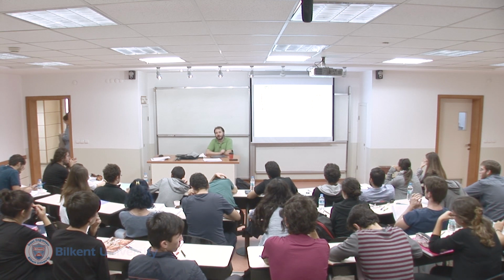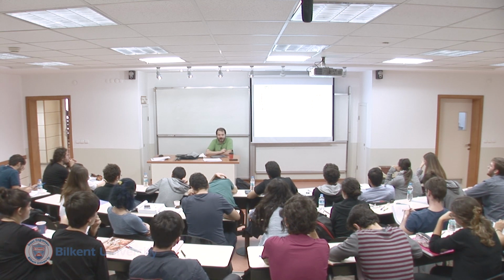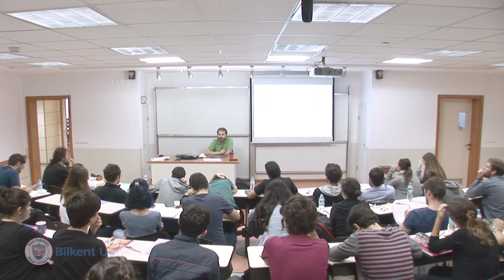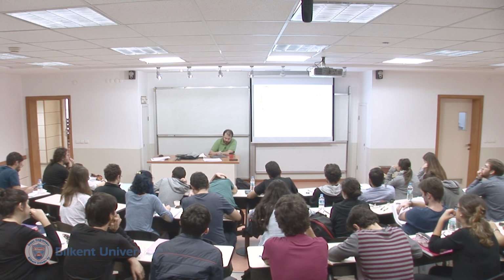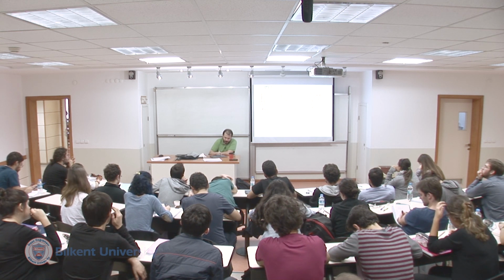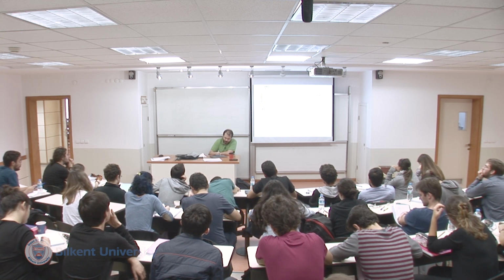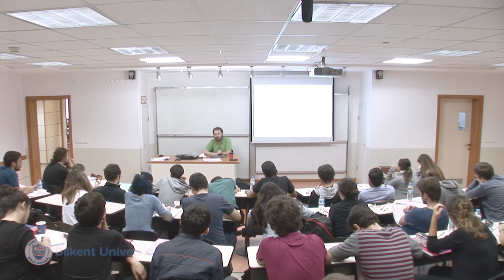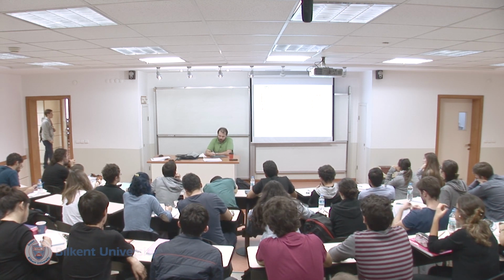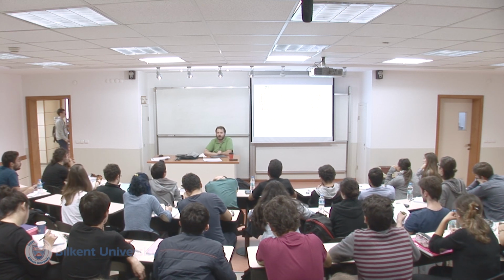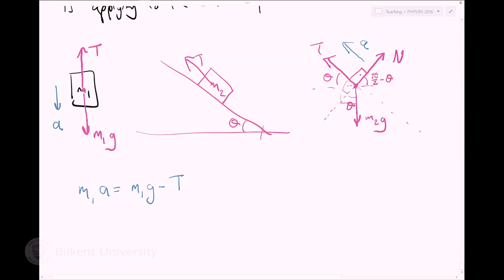Now, it's the same acceleration because they are tied to the same string. So let's apply Newton's second law. m1a is m1g minus T. How about here? I have three vectors. So what I need to do is to take the components of those vectors.